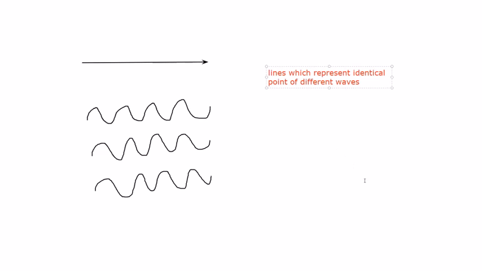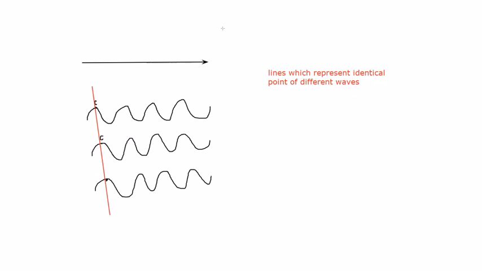So lines which represent identical points of different waves, we call those lines wave fronts. For example, this is the crest of one wave, this is the crest of the second wave, and this is the crest of the third wave. If I join all the crests with a line, this line is called a wave front.